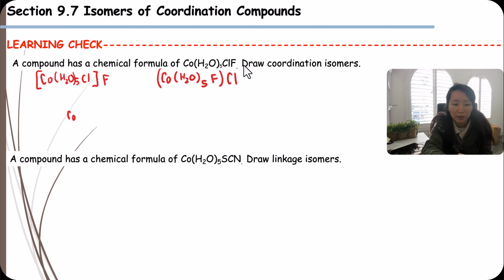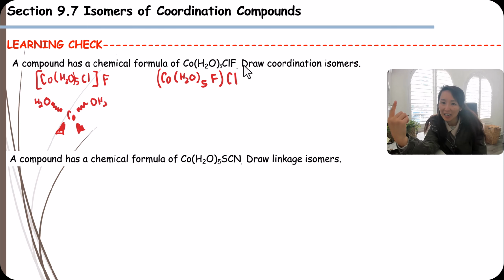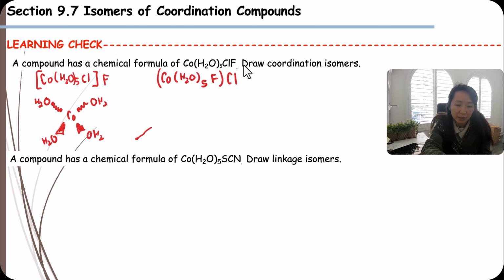I have cobalt in the middle, 2 going back, 2 coming forward. I have H2O here on the corner, and instead of writing H2O, I'm going to write OH2 to indicate that it is attached to the oxygen, not the hydrogen. Now I have another water, because I need 5 water total.